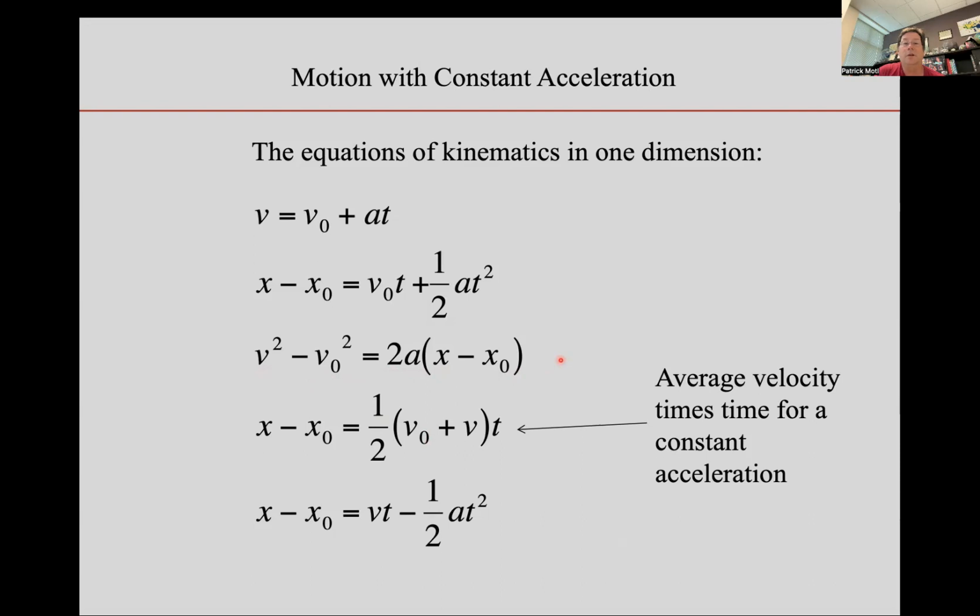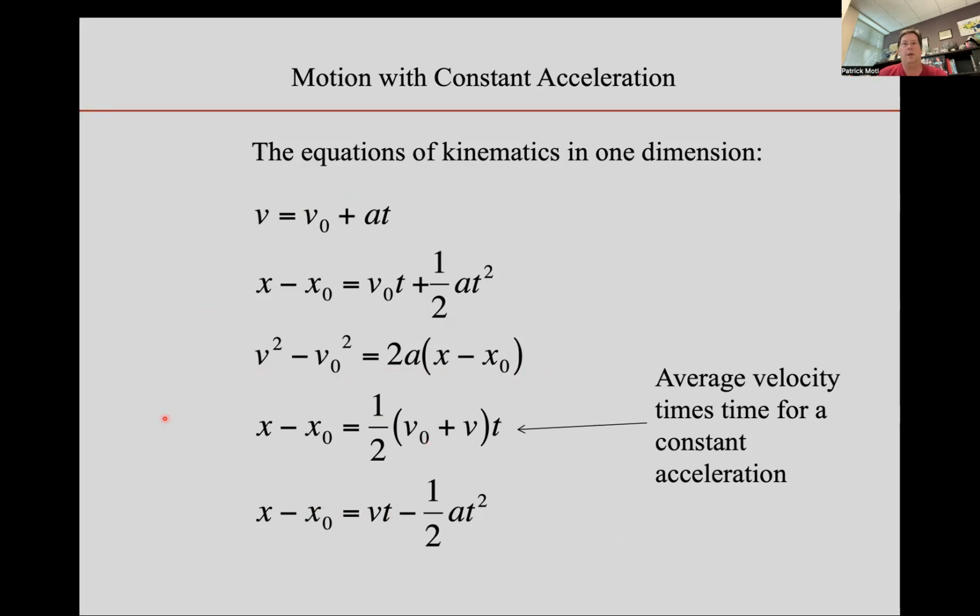So given a problem in kinematics, you have up to 7 variables that you are going to want to make an inventory of, and you have 5 tools at your disposal, 5 equations of kinematics.